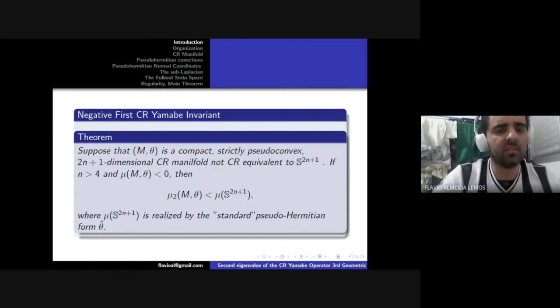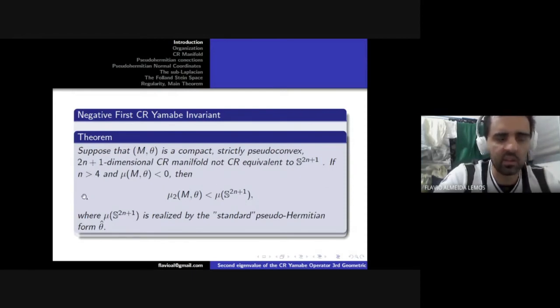We have proved this theorem in this lecture. Suppose that (M, theta) is a compact, strictly pseudo-convex, 2n plus 1 dimensional CR manifold, not CR equivalent to a sphere. Here n is not the dimension; the dimension is 2n plus 1.